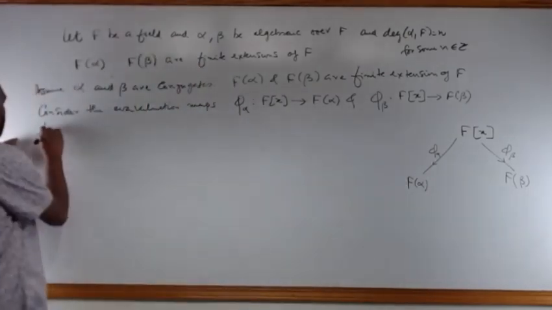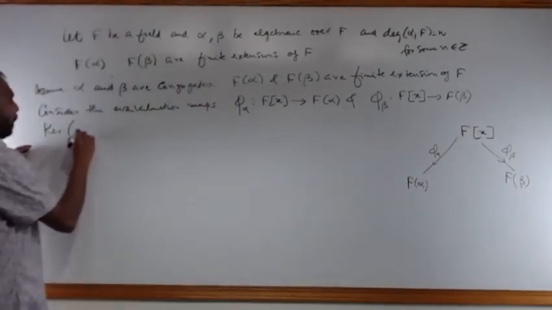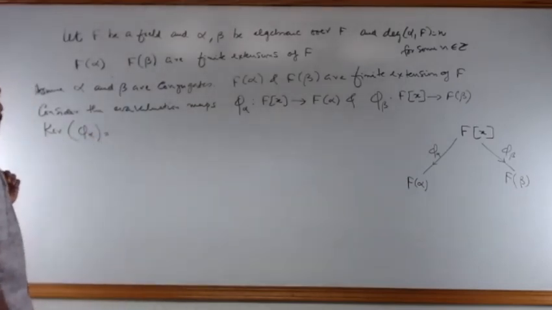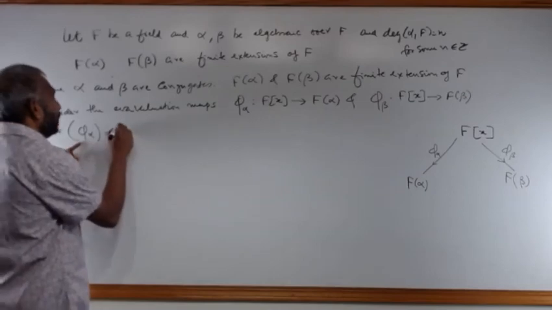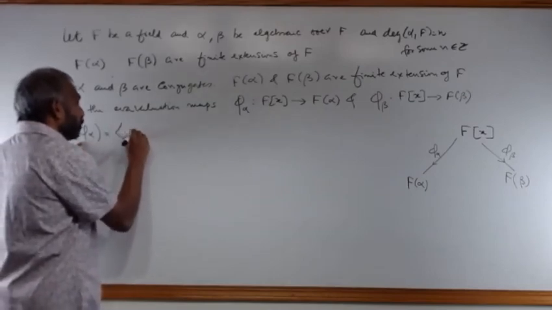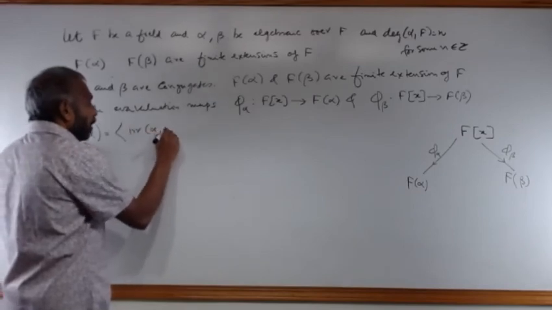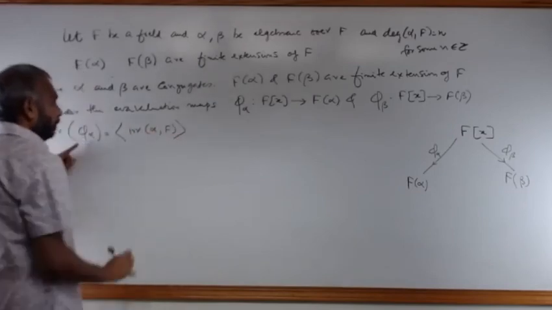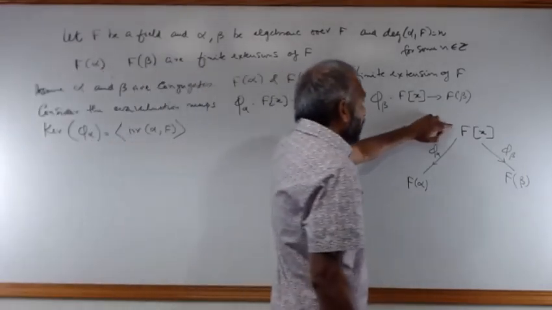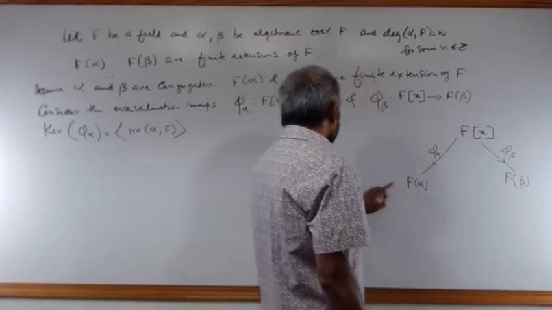So the kernel of phi of alpha is equal to the ideal generated by the irreducible polynomial of alpha over f. What is the definition of kernel? The elements from f of x that are mapped to 0 of this.